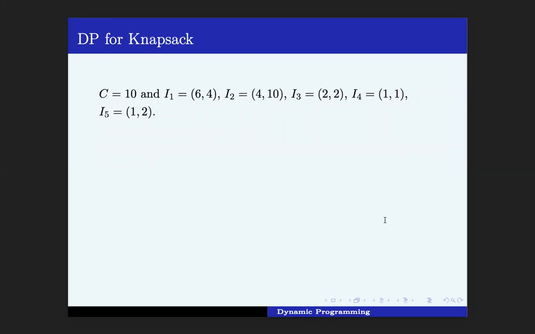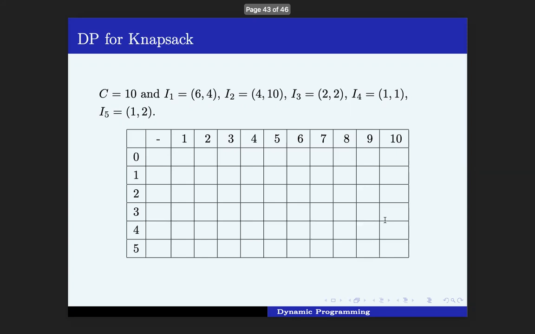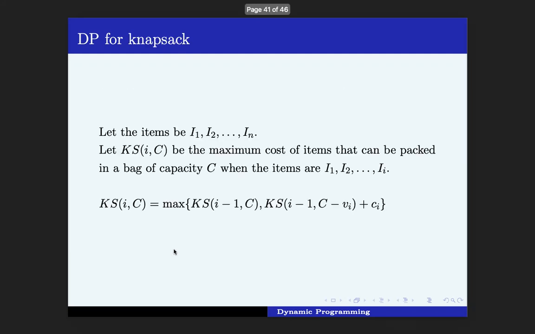So for example, here I have these items and a sack. How big is the table that has to be filled up if I have to solve it in DP form? The I parameter will definitely go from 1 to n.